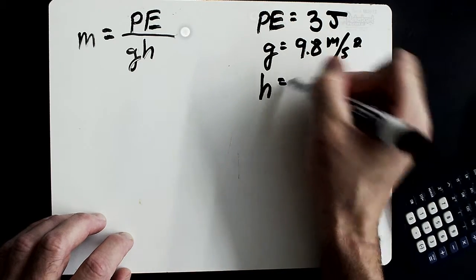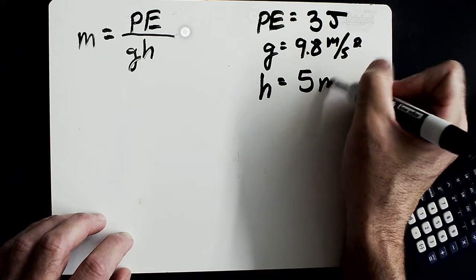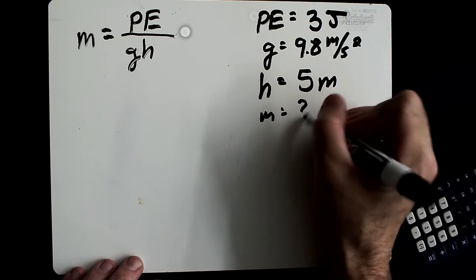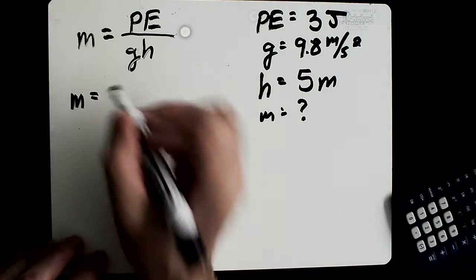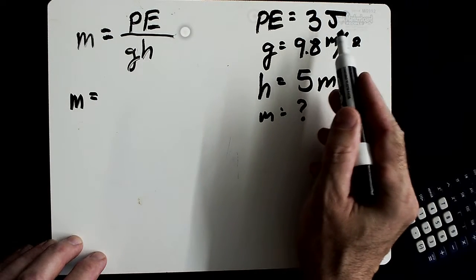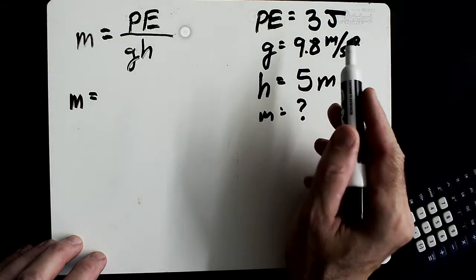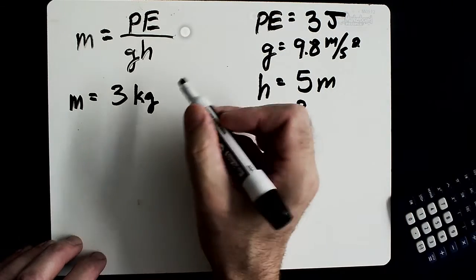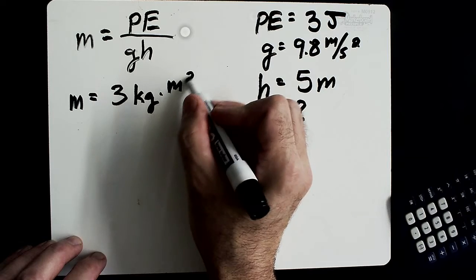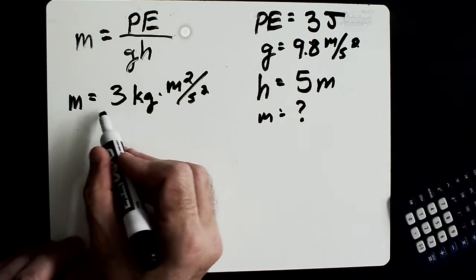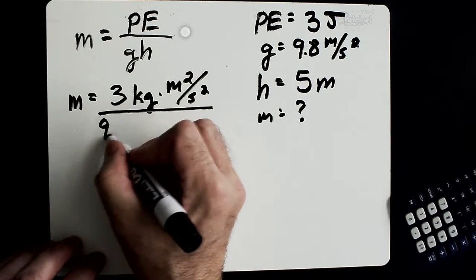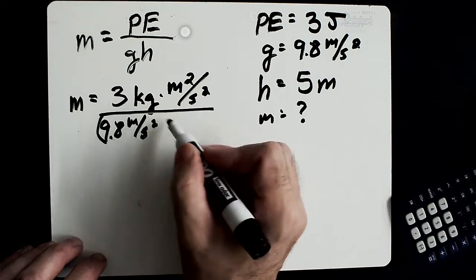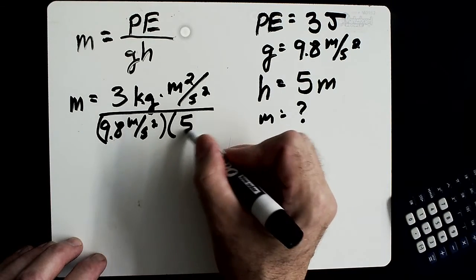And let's say the height is 5 meters, keeping the numbers easy. And then the mass we don't know. So mass equals, now when you write the joules, you're going to want to write the whole unit out, and I'll show you why in a minute. So 3 kilogram meters squared over seconds squared divided by 9.8 times 5 meters.